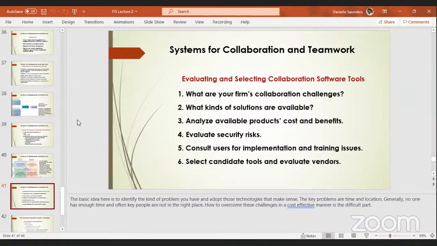Consult the users to see if there will be any implementation and training issues, because if you have people who are not tech savvy, or who are averse to implementation, all that needs to be taken into account. Then you need to select the candidate tools and evaluate the actual vendors to see which ones are going to be most effective. Next slide.